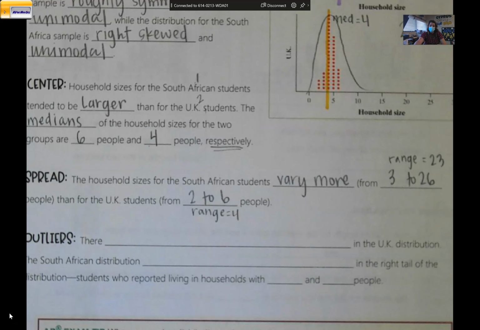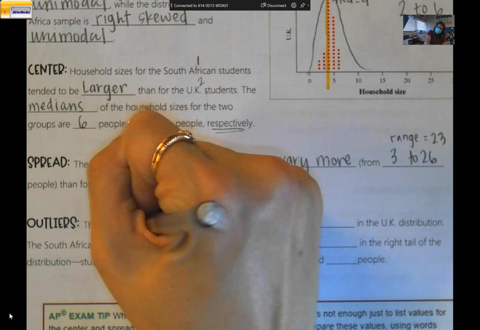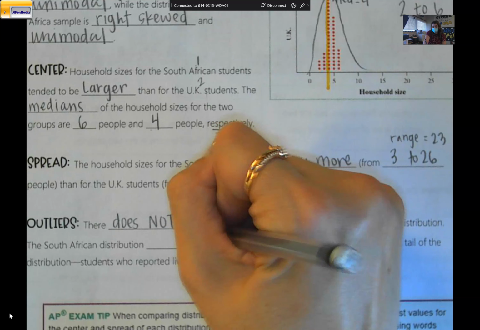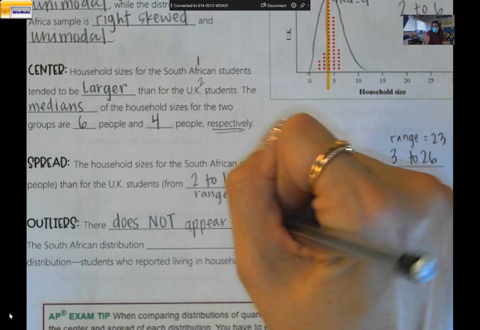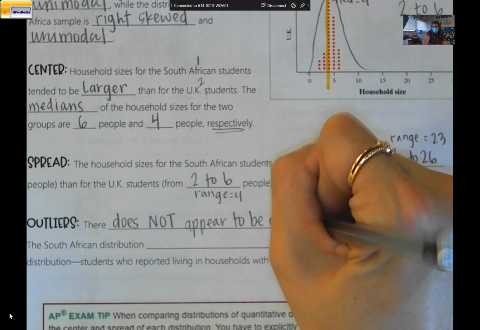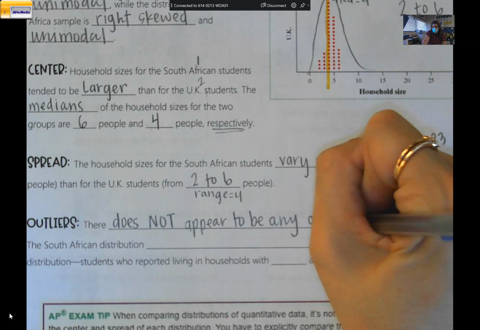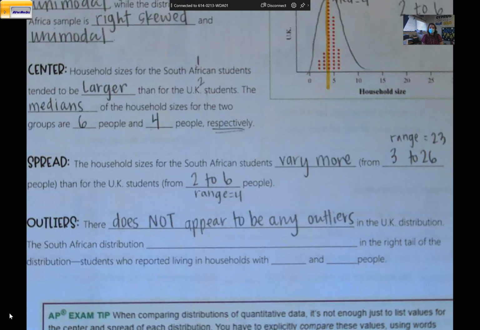No. So the first one they ask about is the UK distribution. So I'm going to say there does not appear to be any outliers in the UK distribution.